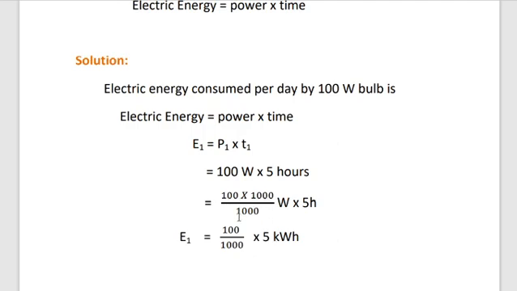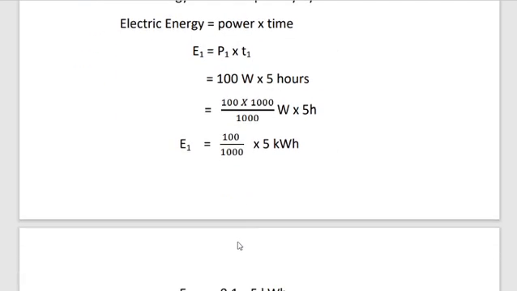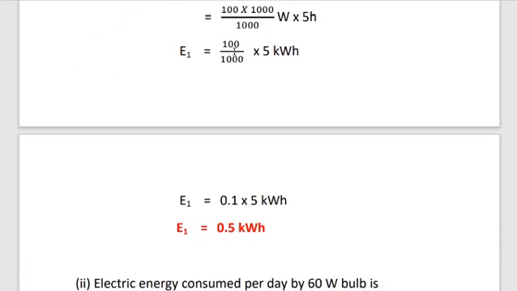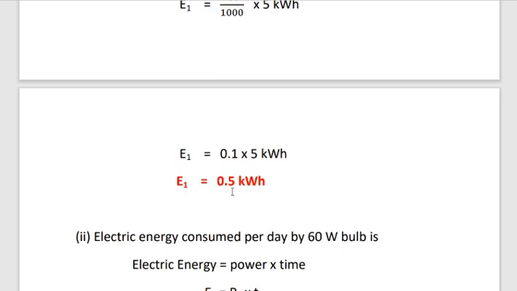So 100 divided by 1000, you know the value: the zeros cancel, 1 by 10, which is equal to 0.1 into 5 kilowatt hour. So E1, the electric energy in the first case, is equal to 0.5 kilowatt hour.